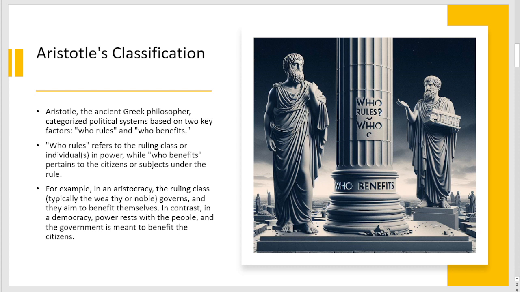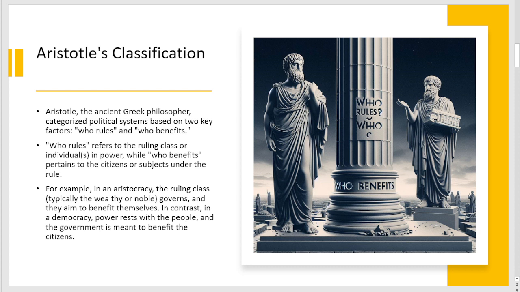So here, in Aristotle's typology, when he talks about who rules, he is talking about the number of people involved in the task of governing. So it refers to the ruling class, those individuals that are in power.